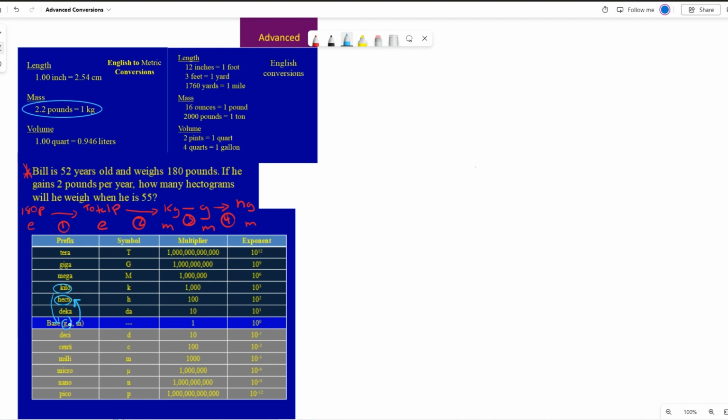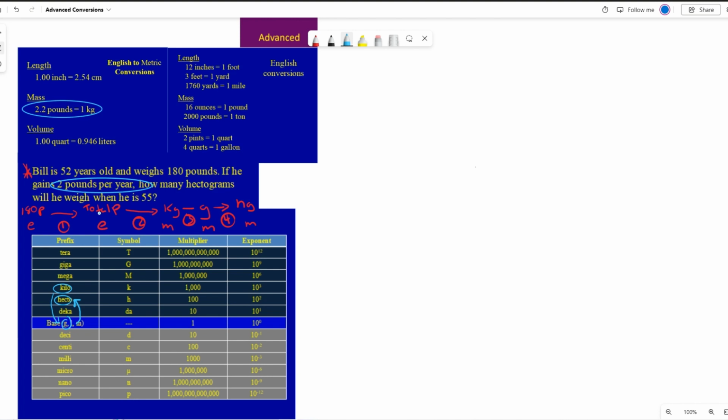The first step that we have to take a look at here is he's 180 pounds. What's his total weight after a couple of years of gaining 2 pounds per year? Well, anytime you see something in a word problem that says one unit per some other unit, like we have here, 2 pounds per year, you can use that per as a divided by.